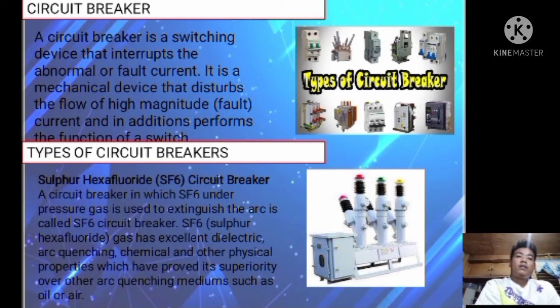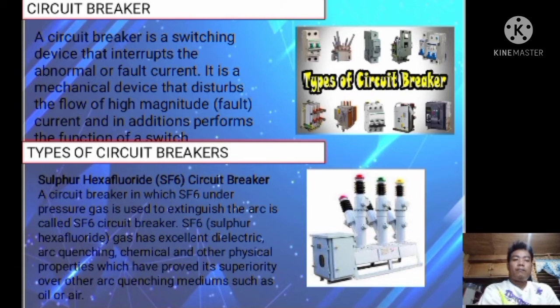So, types of circuit breakers, merong sulfur hexafluoride circuit breaker or SF6. Ito yung ginagamit sa transmission and distribution utility to protect. A circuit breaker in which SF6 under pressure gas is used to extinguish the arc is called SF6 or sulfur hexafluoride circuit breaker.